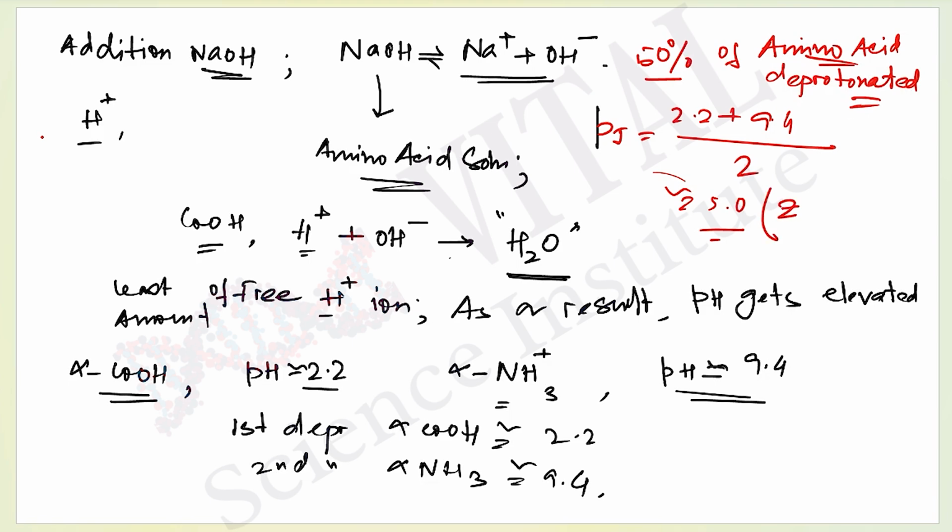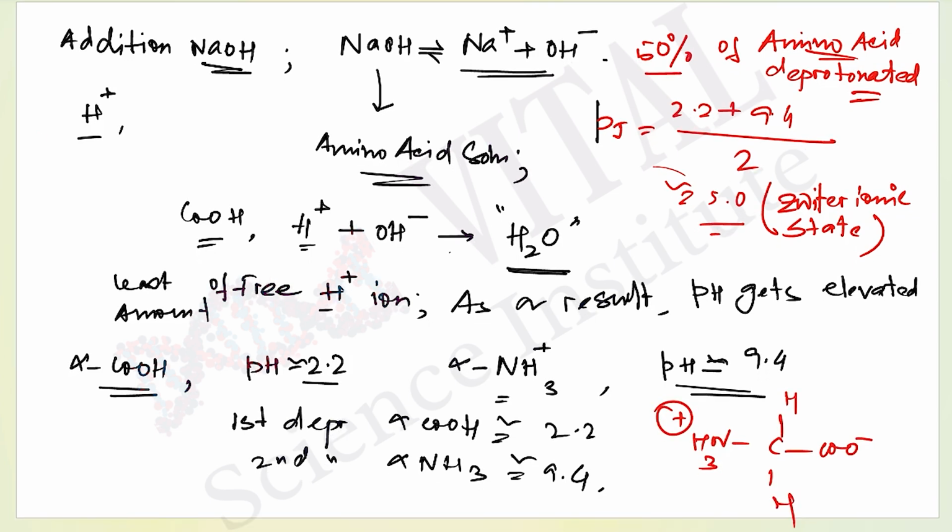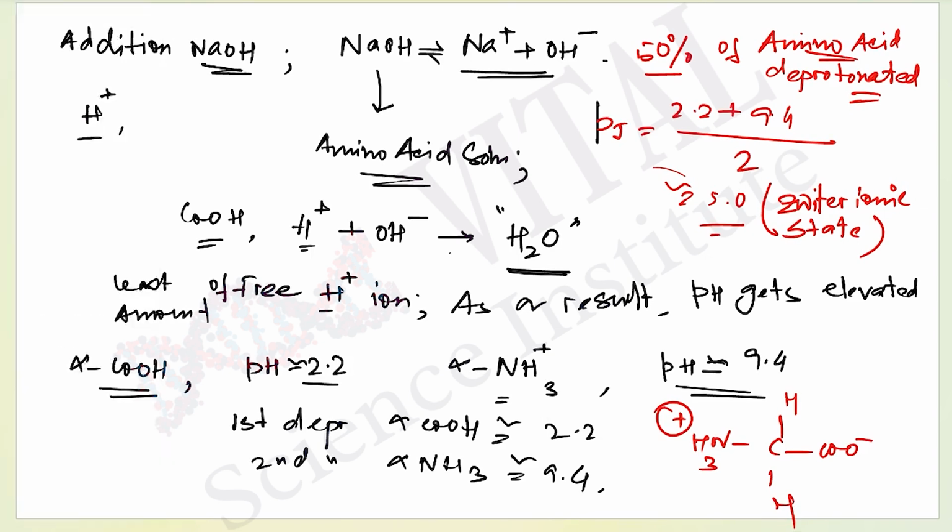This is considered the zwitterionic state. For glycine, it will be COO minus NH3 plus H and H. As simple as that.